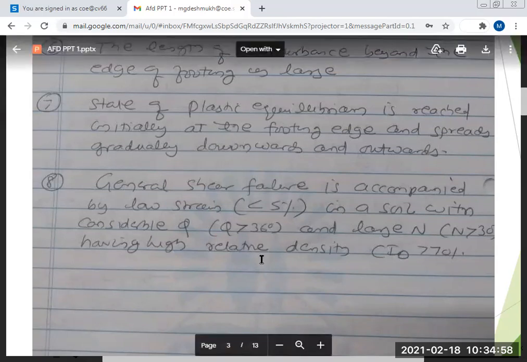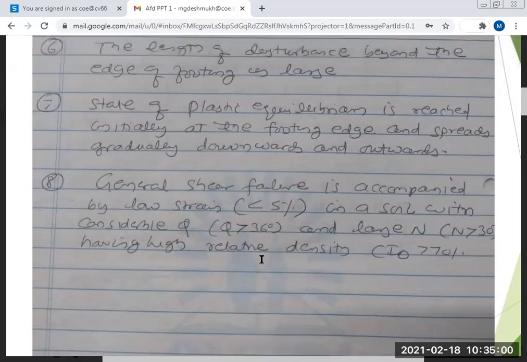It is very easy. For general shear failure, strain is less than 5%, phi is greater than 36 degrees, N should be greater than 30, and relative density ID should be greater than 70%.